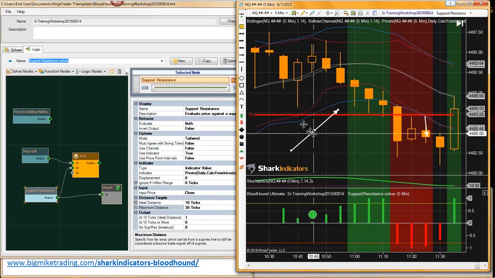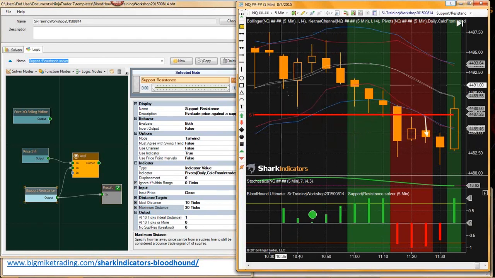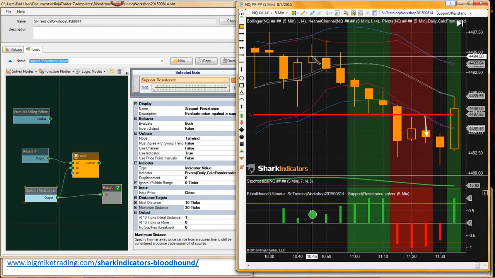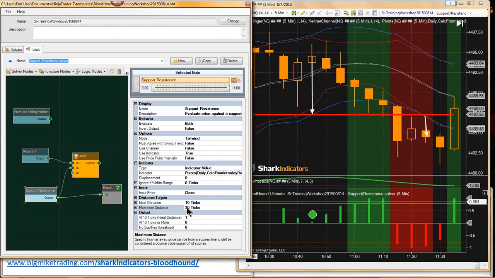What that's saying is that on this bar, the closing price from here to our nearest support line is just under 30 ticks. So we reached our 30 tick distance, and we're starting to get an output.